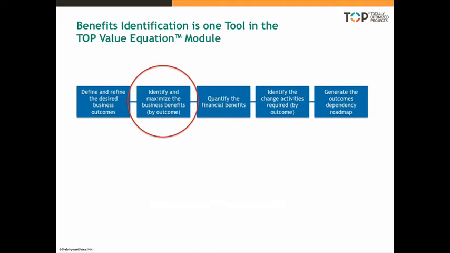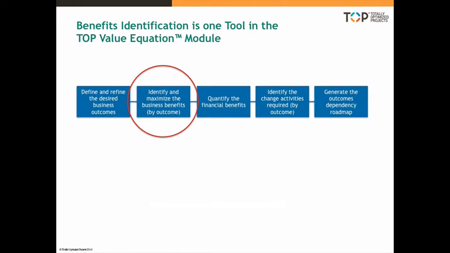Then for each outcome, you identify the change activities required to move you from your current state to the desired end states, and then generate an outcomes dependency roadmap which shows you the logical sequence in which those outcomes and their attached benefits can be delivered.